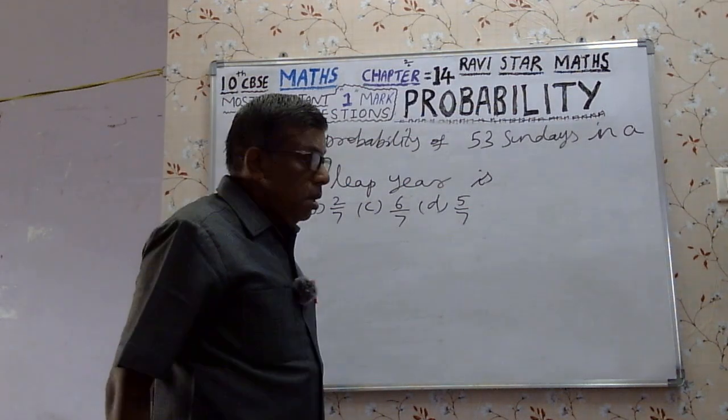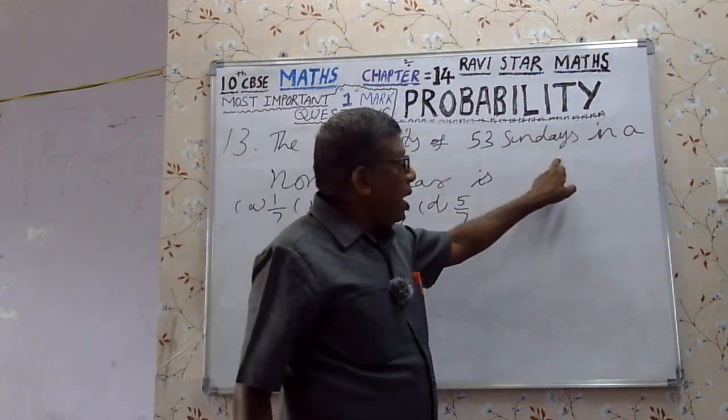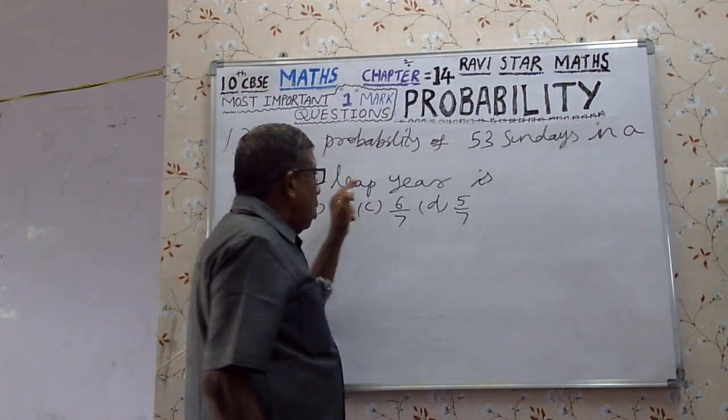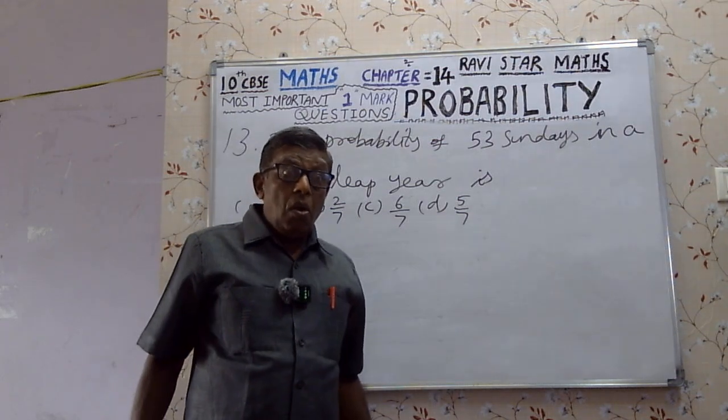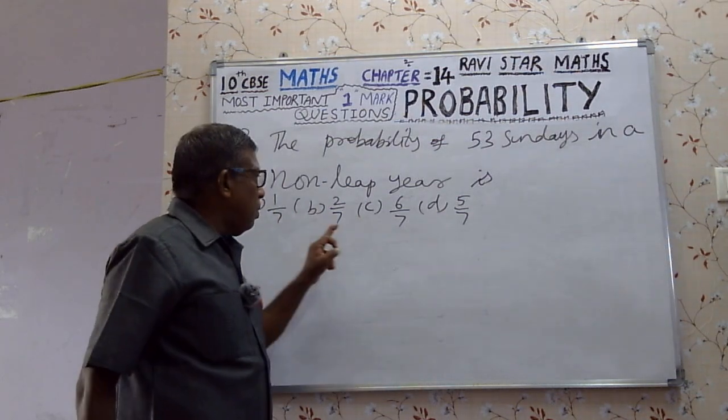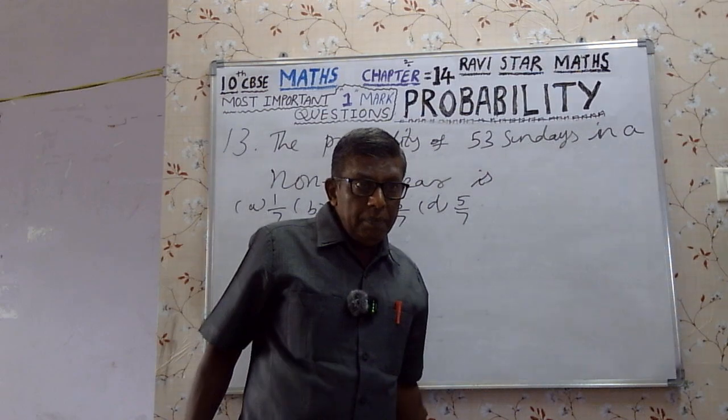This is the question. The probability of 53 Sundays in a non-leap year is 1 by 7, 2 by 7, 6 by 7, 5 by 7.